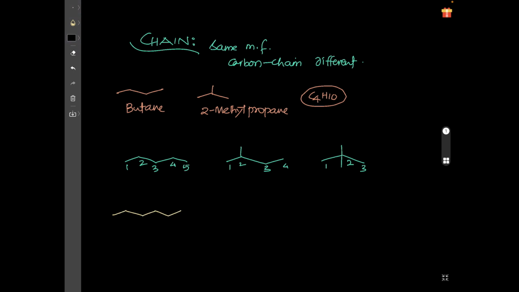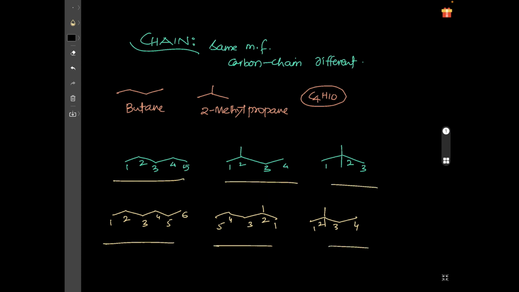Now I am taking hexane, 1, 2, 3, 4, 5, 6. In all these cases, the number of carbon atoms in the formula is going to be the same, but the number of carbon atoms in the parent chain is different. This is for C5H12. These are the examples for C6H14.